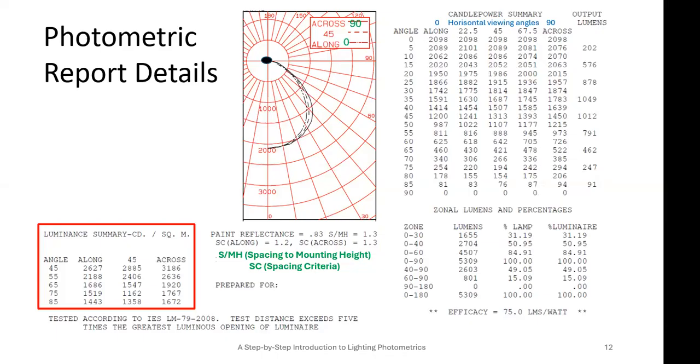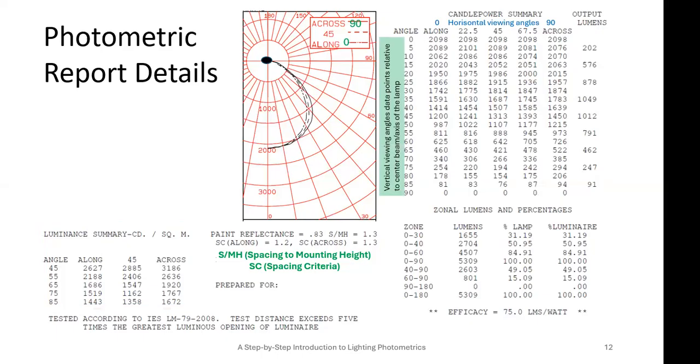At 45 degrees, we see along and we see across. These are numbers expressed in candelas per square meter. You'll see as it goes from 45 to 75, it changes. So you can see the luminance comparison there with those numbers.